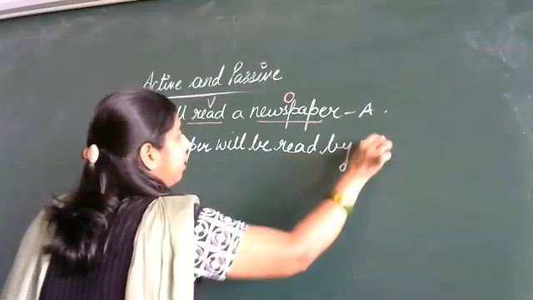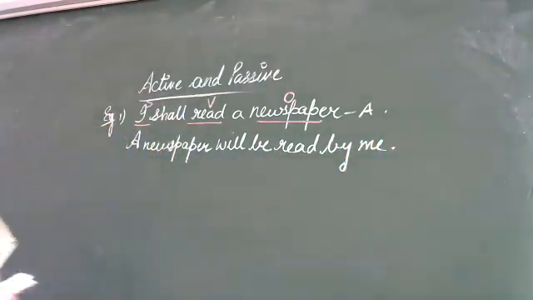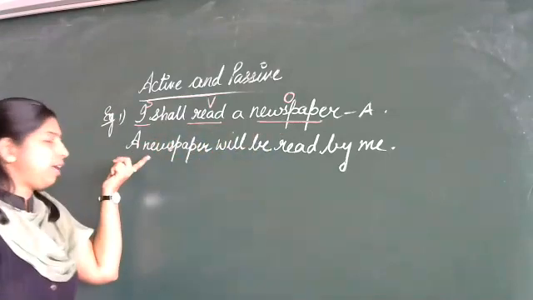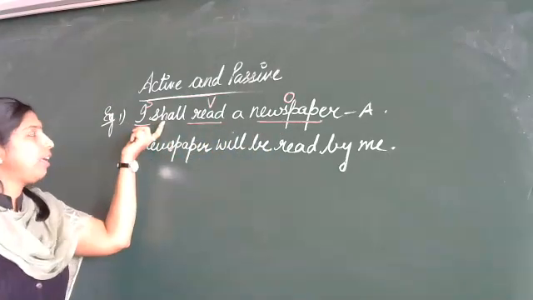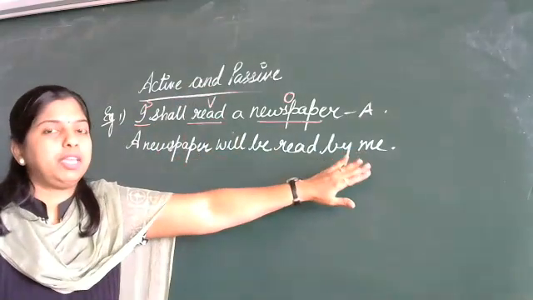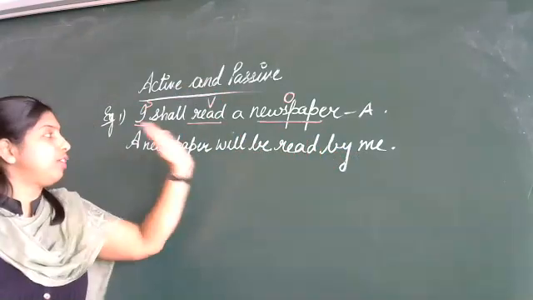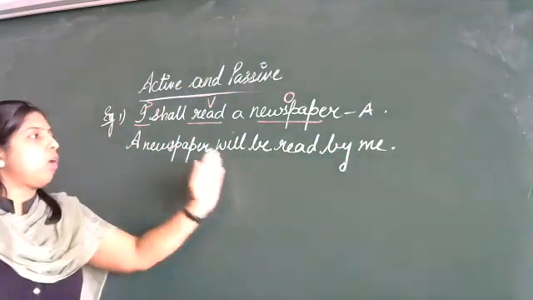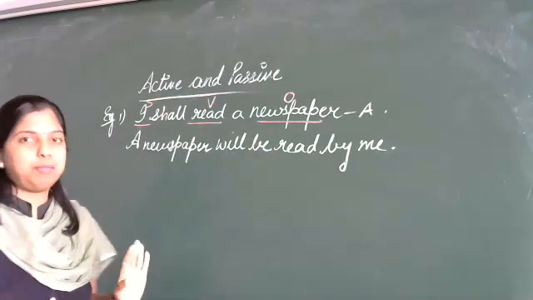It's going to be very good. So see here, newspaper which was an object came first, and I which was a subject went last. That is, we have changed to me. I will tell you how you have to change, which pronouns change to what. So see here, a newspaper will be read by me.